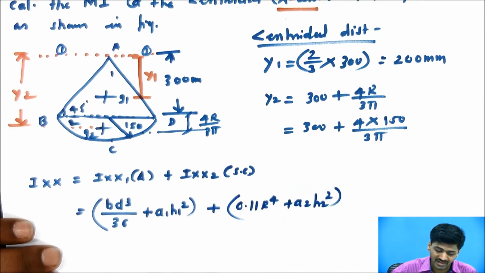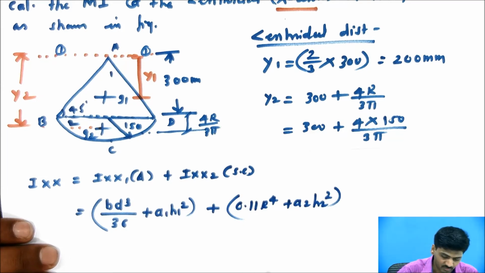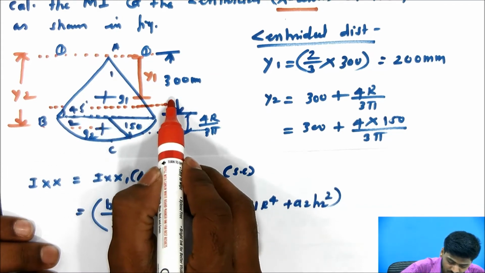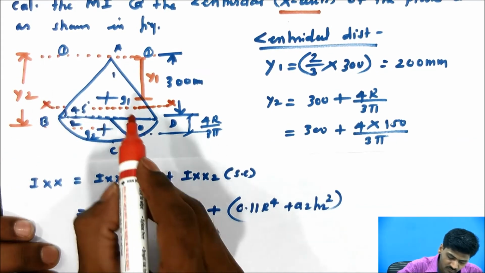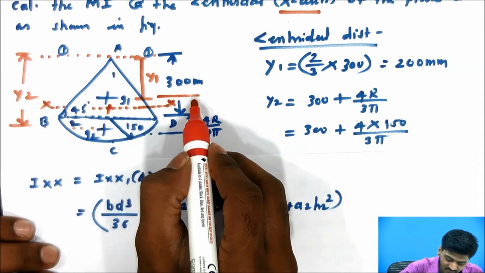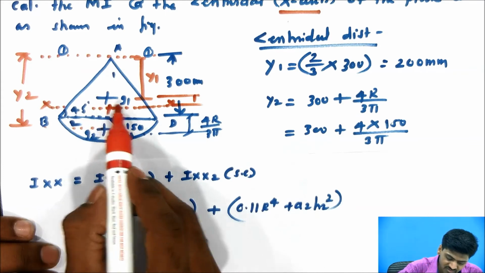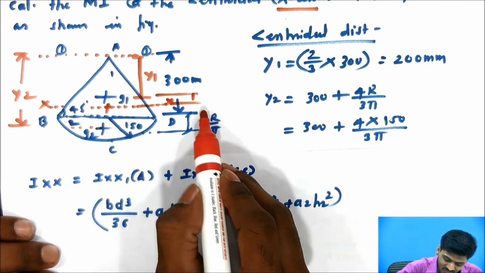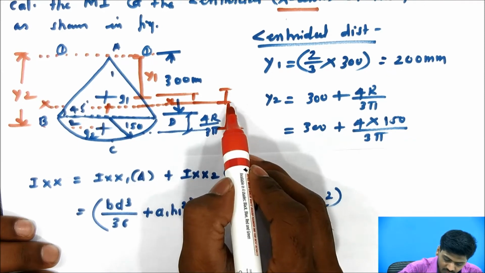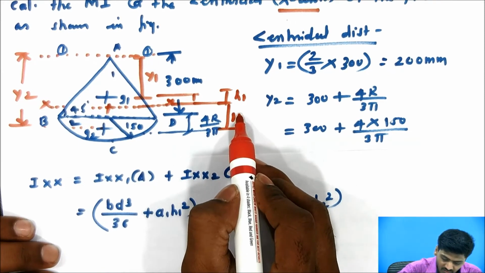Now h1 and h2, how to calculate them? This is very simple. For example, your x-axis lies here. From G1 to this vertical distance, and from G2 to this vertical distance, this is nothing but your h1 and h2.